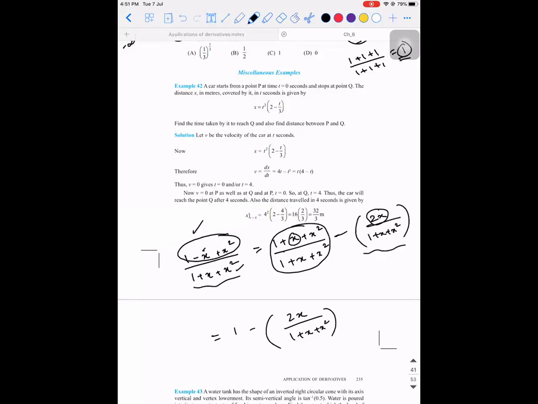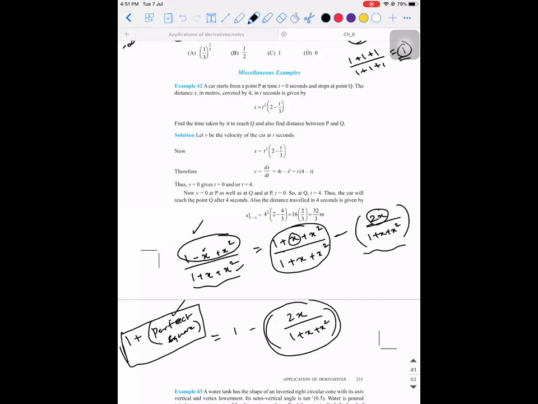In some problems, you will get this as a perfect square, and it will be 1 plus some perfect square. So this whole value will be least when the perfect square is least.